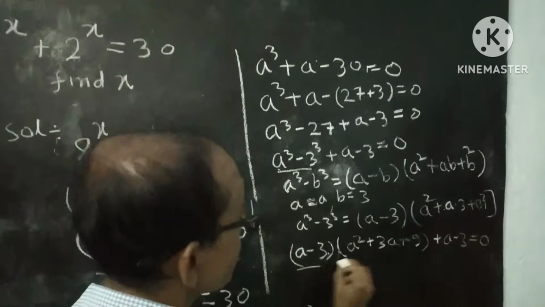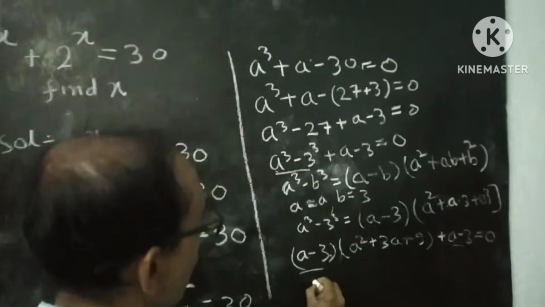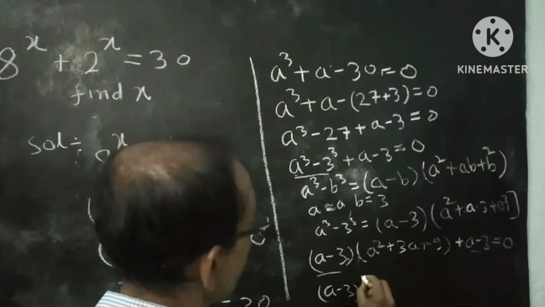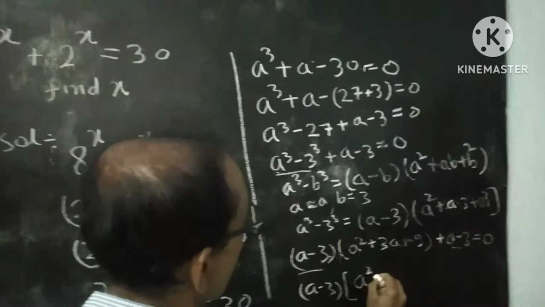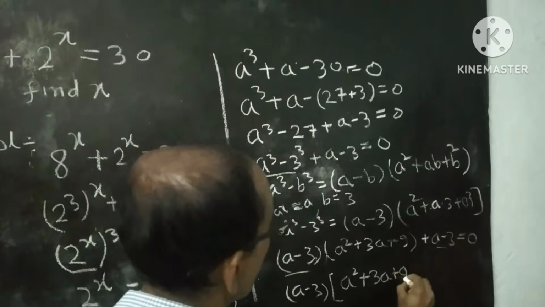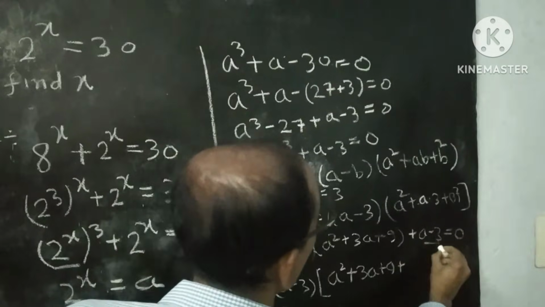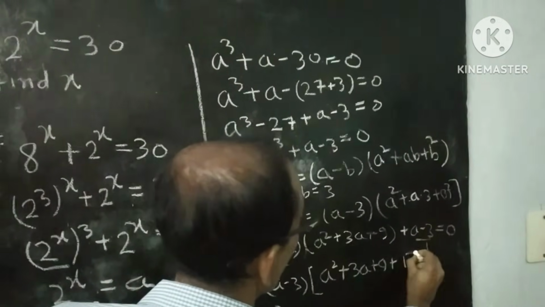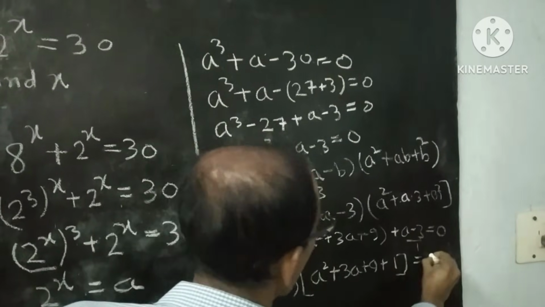Now a minus 3 is common, so we take a minus 3 common: (a minus 3)(a square plus 3a plus 9 plus 1), because a minus 3 is taken common, equal to 0.